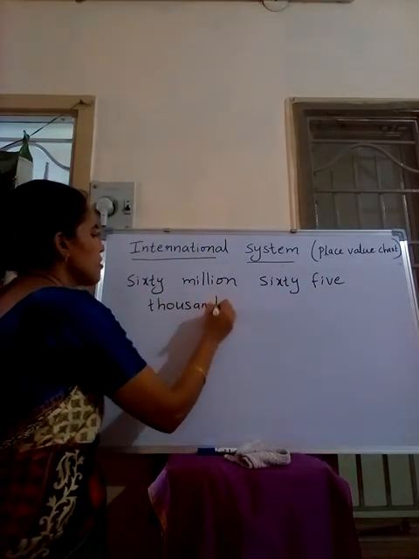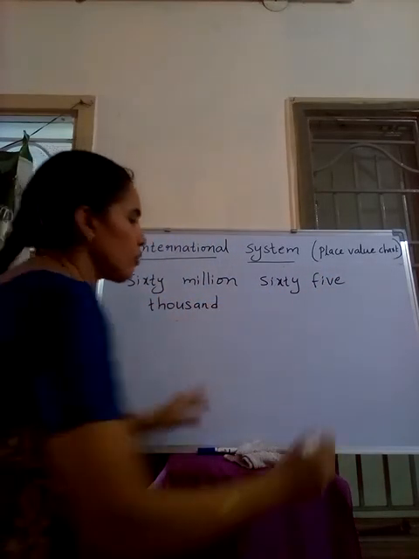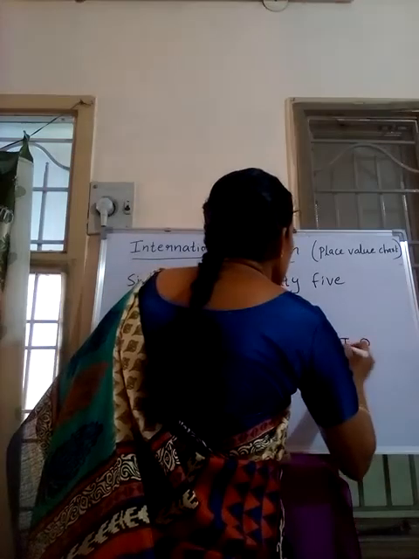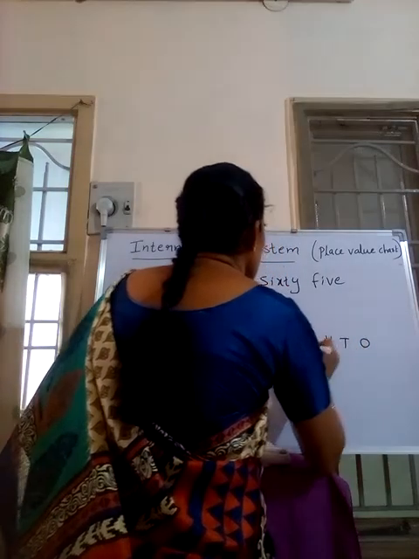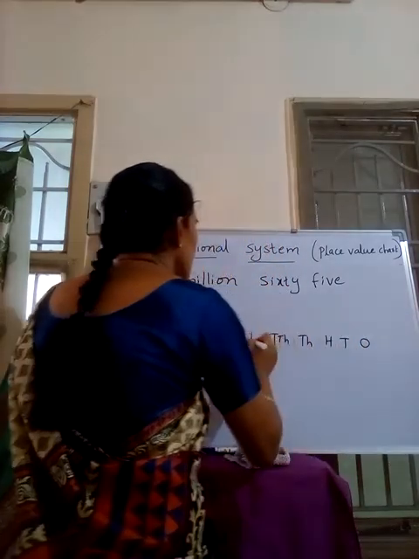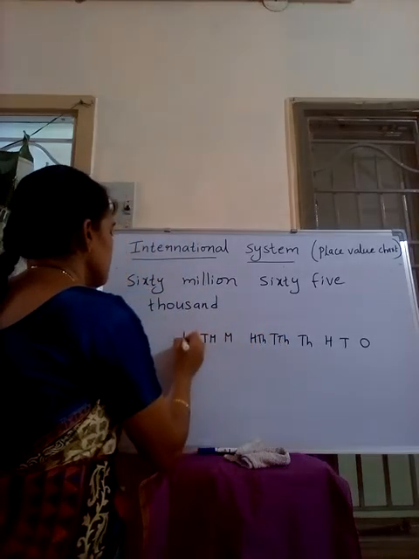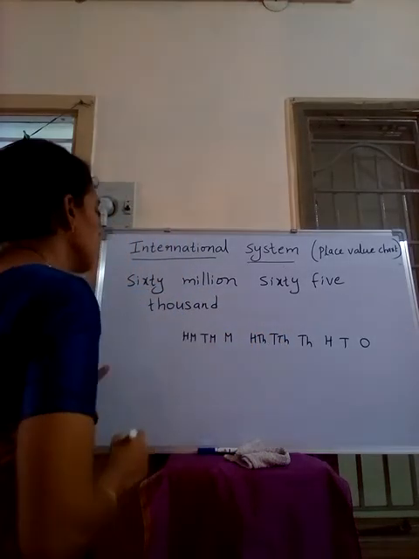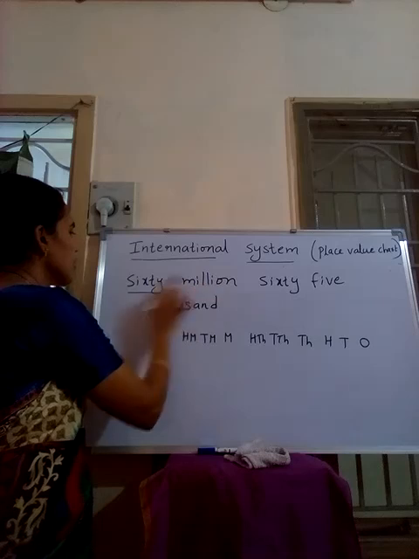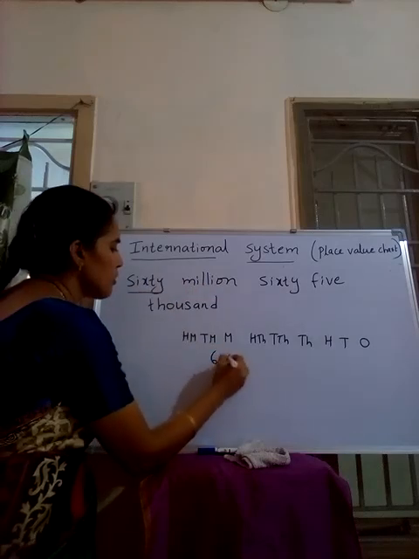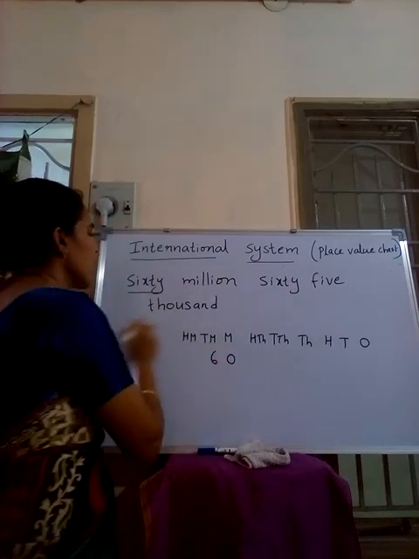Sixty million 65,000. If it is given, we'll see how to write it. Ones, tens, hundreds, thousands, 10,000s, 100,000s, million, 10 million, 100 million. How many millions are there? 60. Only two places. 60 million and then thousands.